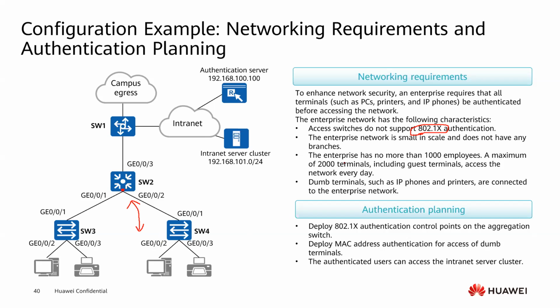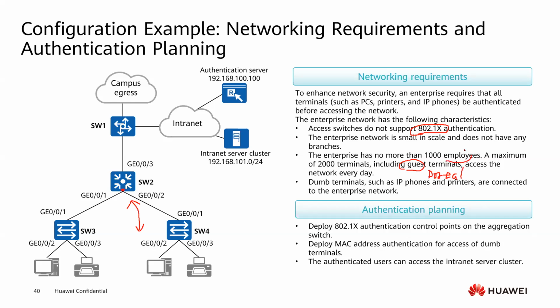So it's very important. And the enterprise network is small in scale and doesn't have any branches. The enterprise has no more than 1,000 employees, and a maximum of 2,000 terminals, including guest terminals, access the network every day. So for the guests, we suggest that you use portal authentication.